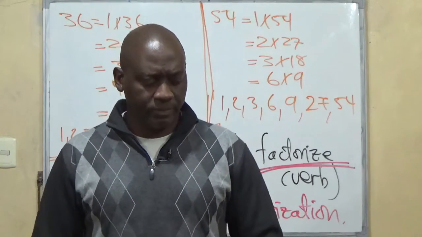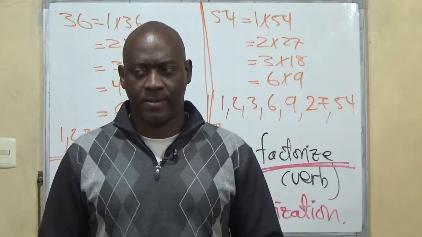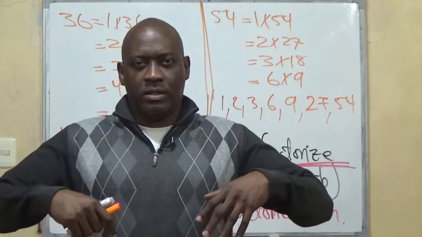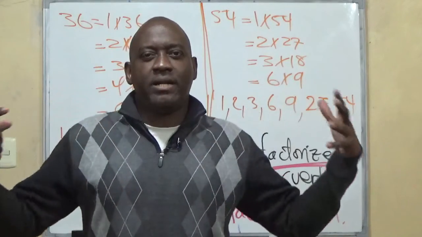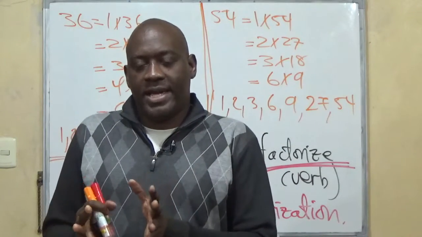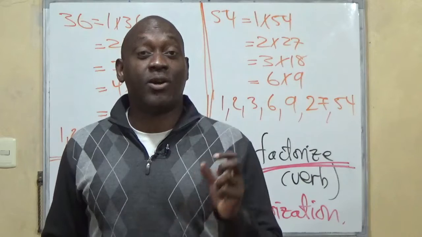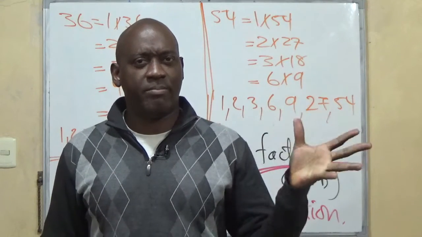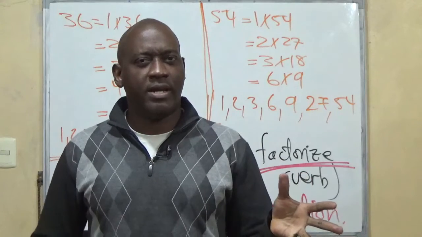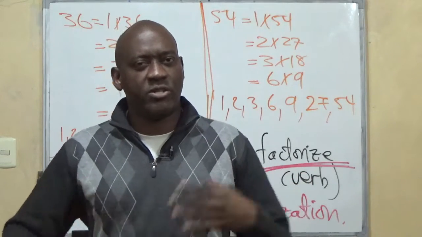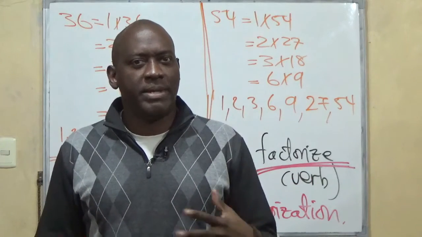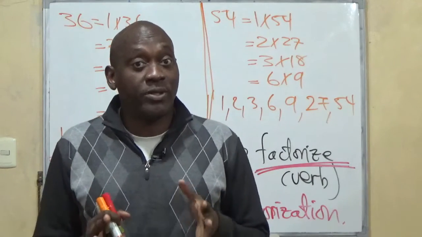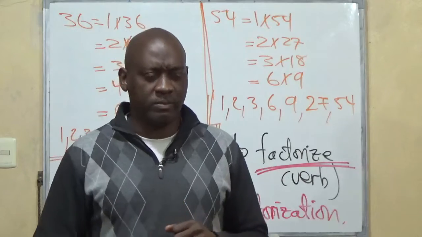By now, if you were following my videos, you would have a clue as to what factorization is. Factorization is simply a decomposition of any number into its constituent factors. I use some big words and fancy vocabulary deliberately, just to jog your memory a little bit, but I'm also going to take my time and explain it.